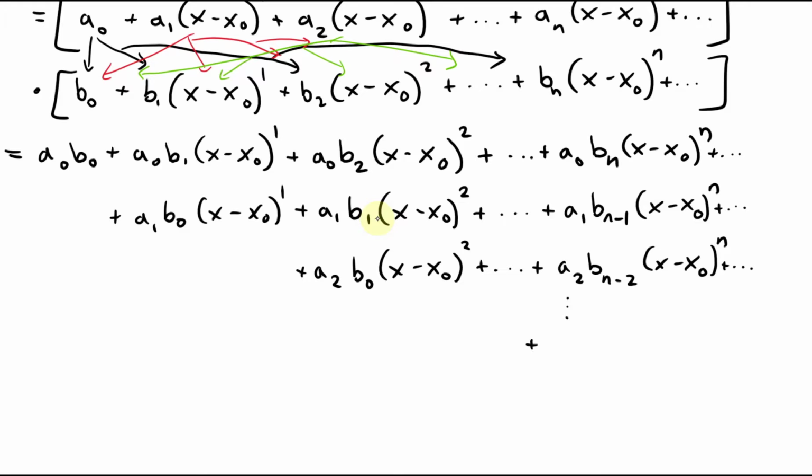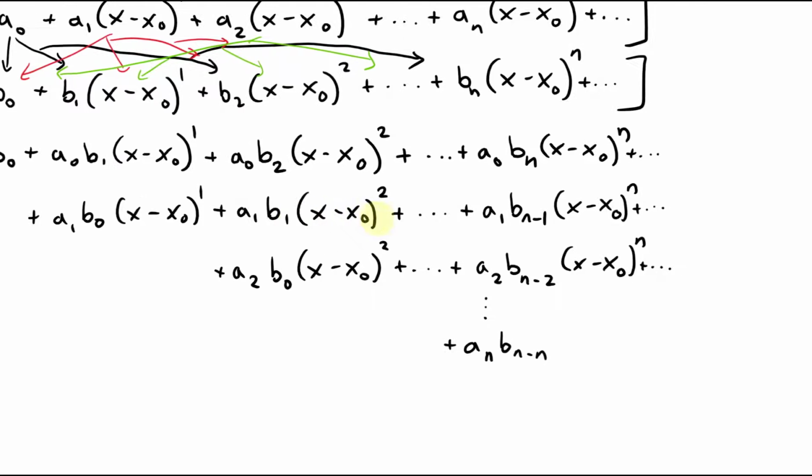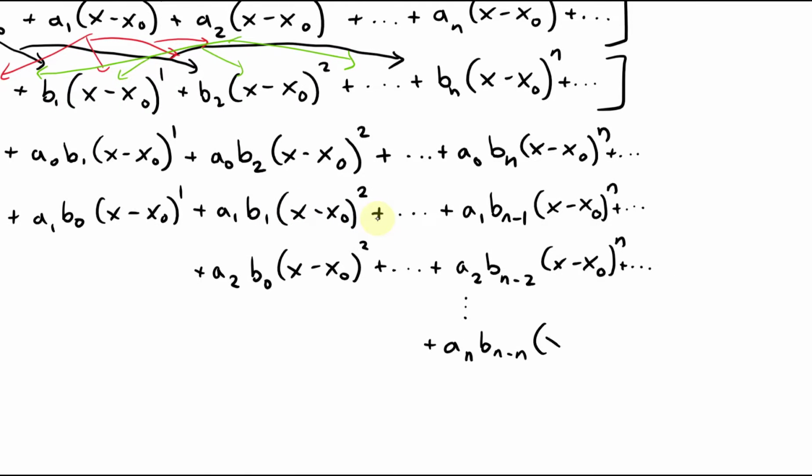And this is going to eventually become an, and then b0, b n minus n, which is just 0. It's pretty obvious it's going to be 0. It's going to be x minus x0 to the power of n, and then plus dot, dot, dot.